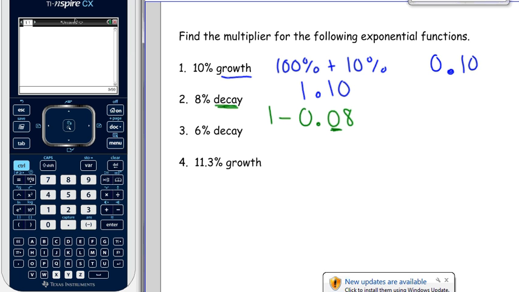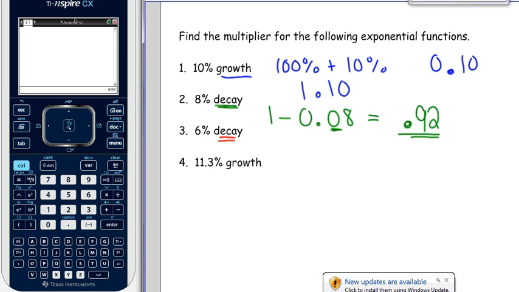Don't forget that 0.8, remember, is 80%. So we want to lose 8% each time, which means we're actually multiplying by 0.92. We want 92% of what we had each time we go through one cycle.